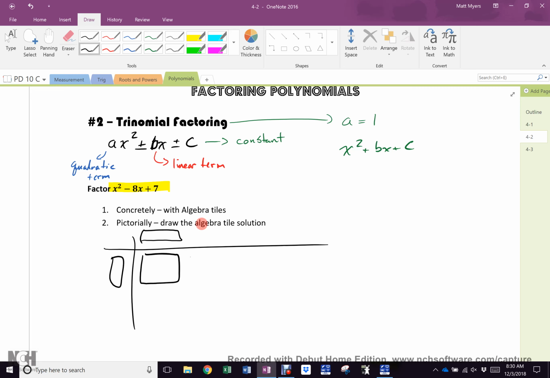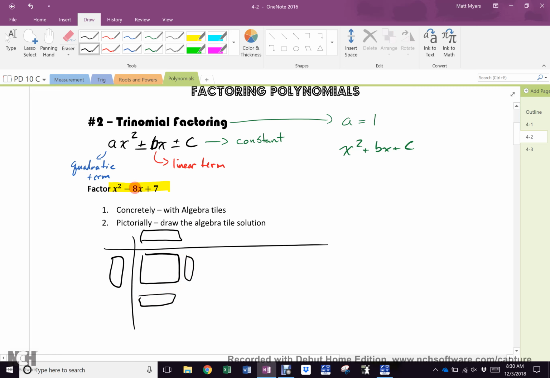Everybody cool? All right. You already established that obviously I need x's here, yes? Right? And obviously I need x's here, right? It's the only way we can do it. Okay. So right now, what do I have there? 2 positive x's, right? Are there any positive x's in my answer?